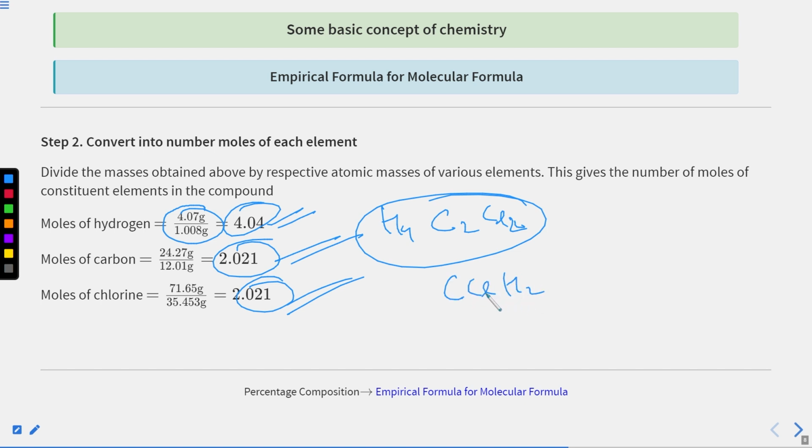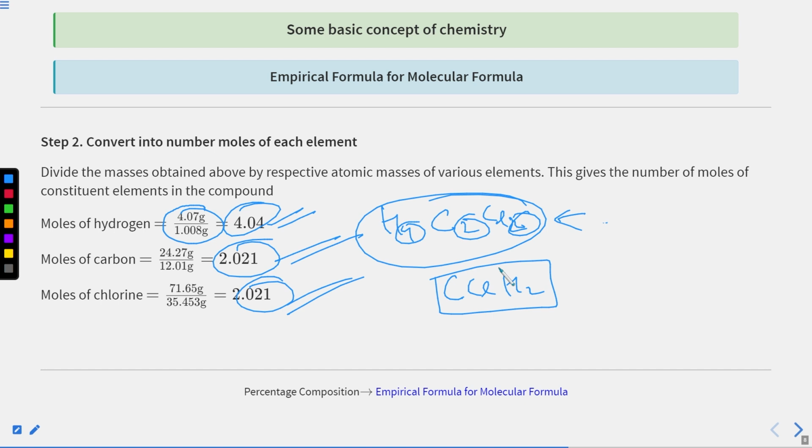Do not make the mistake of considering this as the molecular formula, because this is just a ratio rather than the actual number of atoms. So do not consider this as the molecular formula nor the empirical formula. If it is possible to take a small common factor again, you can do it again till we get the smallest whole number. That would be the empirical formula.